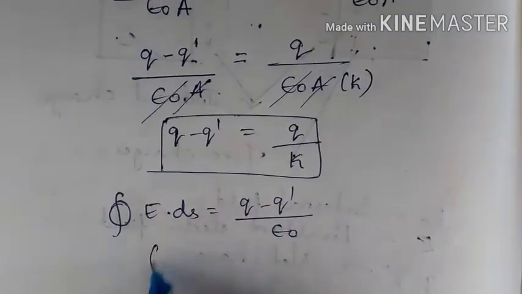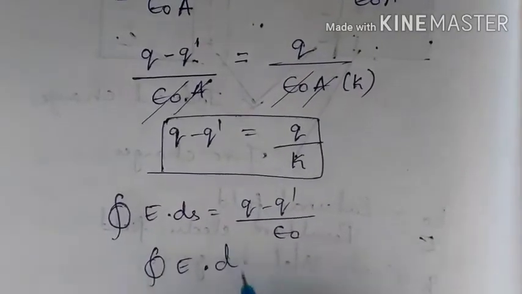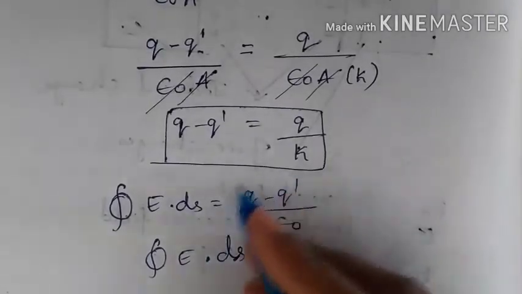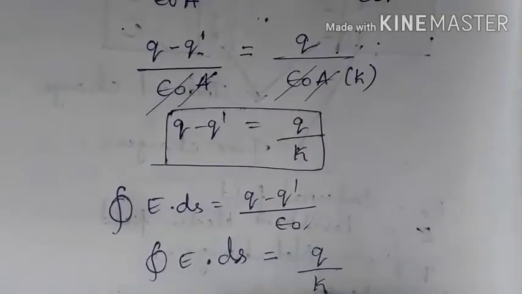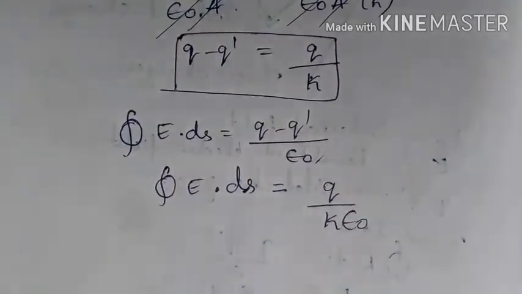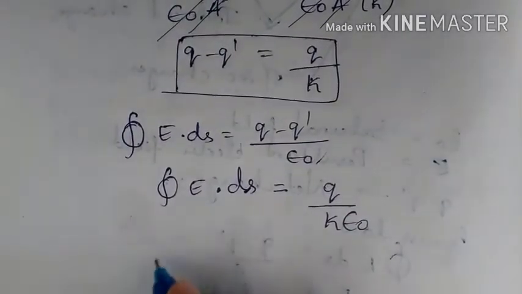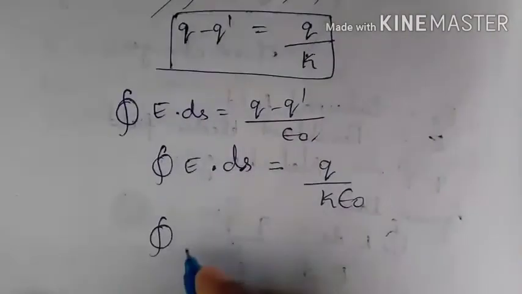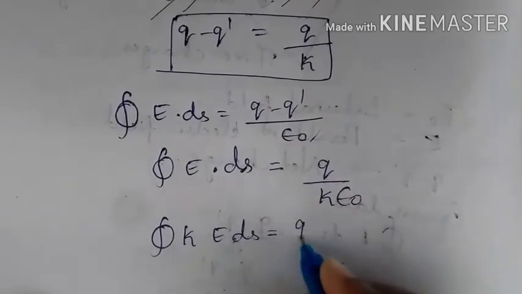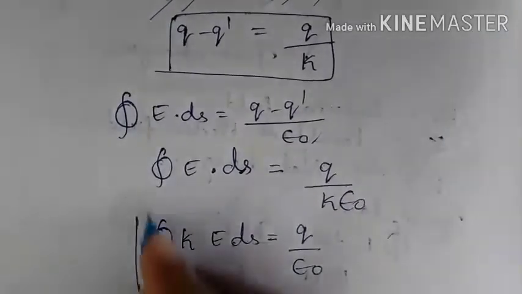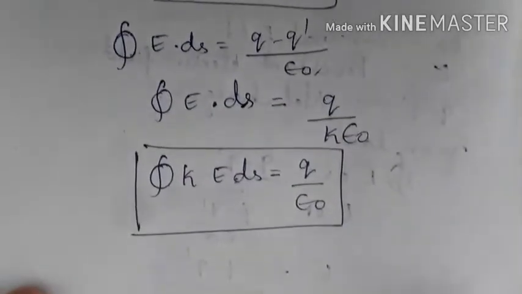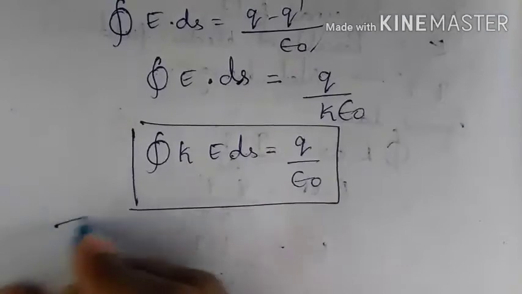Then you get the integral of E dot dS is equal to Q by K, with epsilon naught left over. Clear? This you can also write as the integration over the closed surface of K E dot dS is equal to Q by epsilon naught. So this is the Gauss law in the presence of a dielectric.